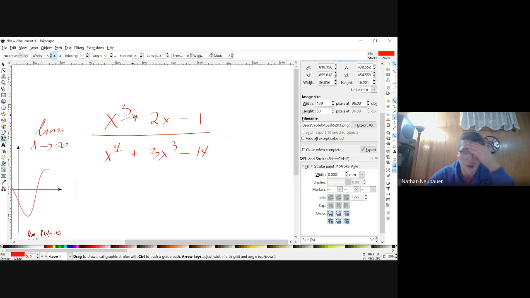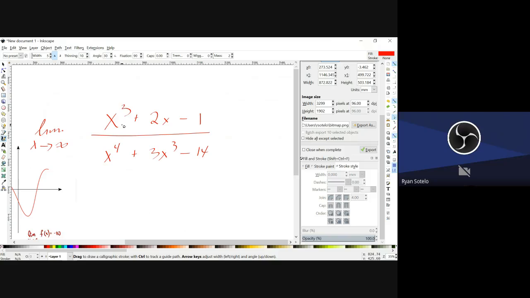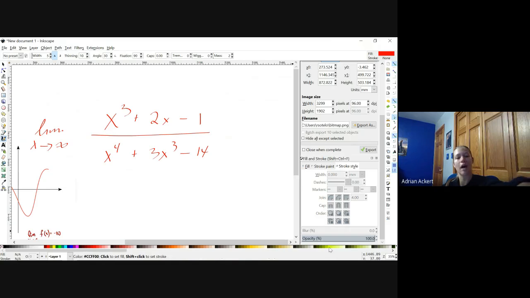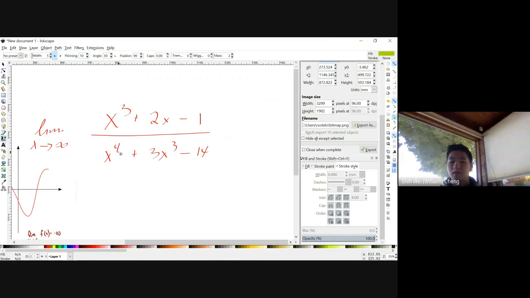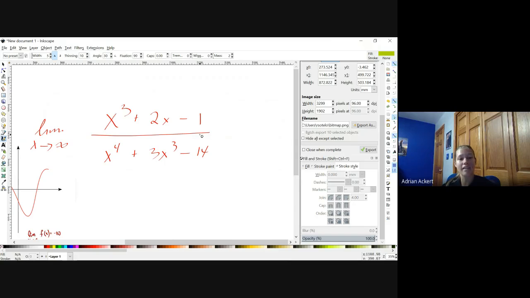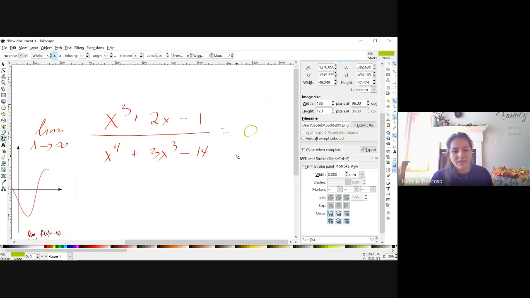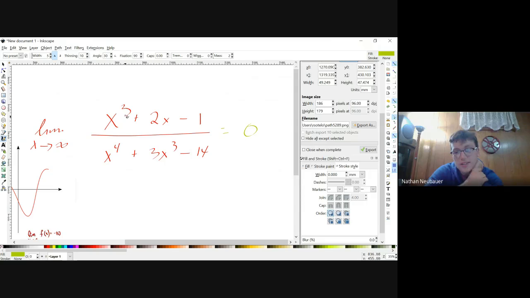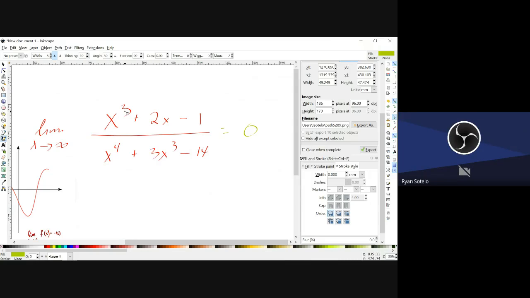Remind me the rules. 3/4. Which one has the highest? If it's bigger on bottom, the bottom wins. This will grow faster on the bottom than on the top. Yeah, if it's bigger on bottom, then y equals 0. If it's bigger on top, then this wins and it becomes positive infinity. It's explosive end behavior.